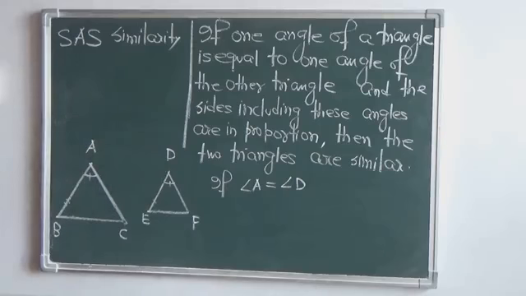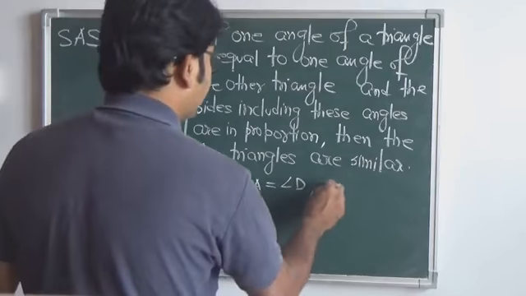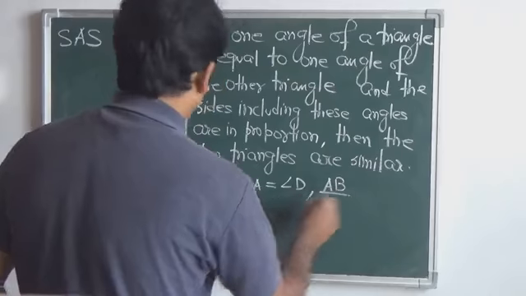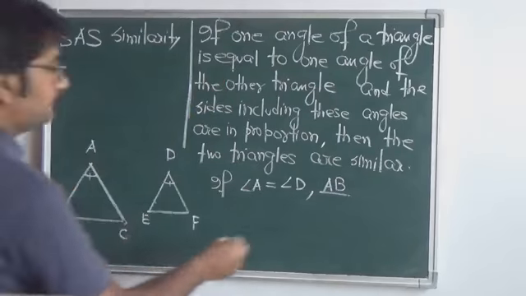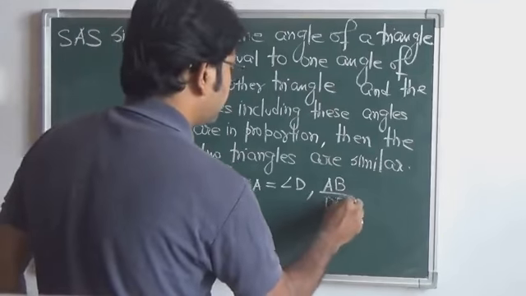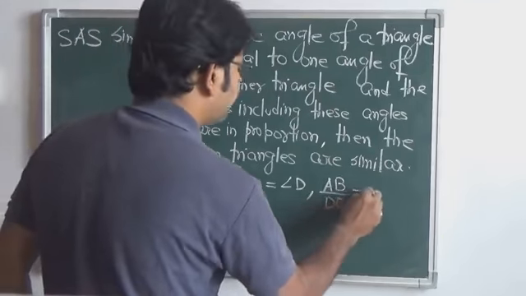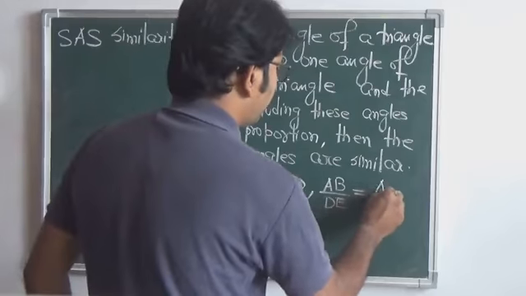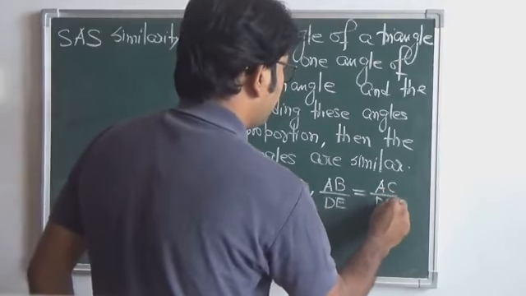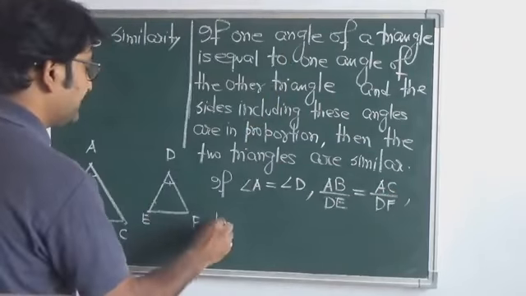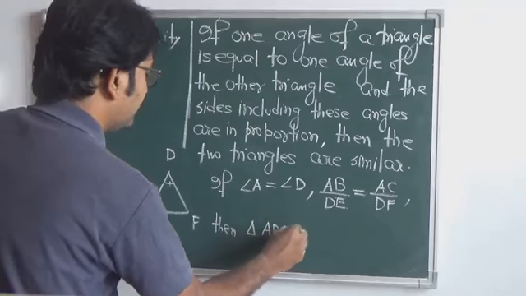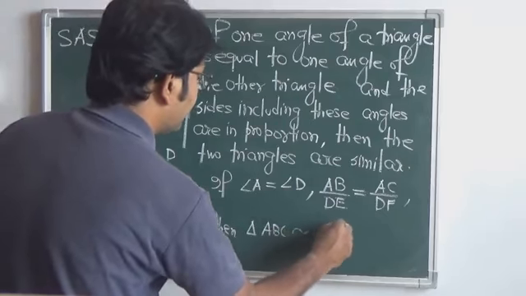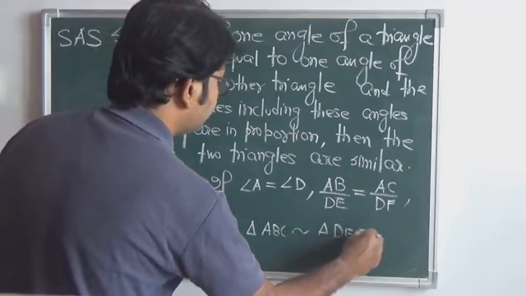If this condition holds for the sides including this angle, then we can say the triangle ABC is similar to triangle DEF.